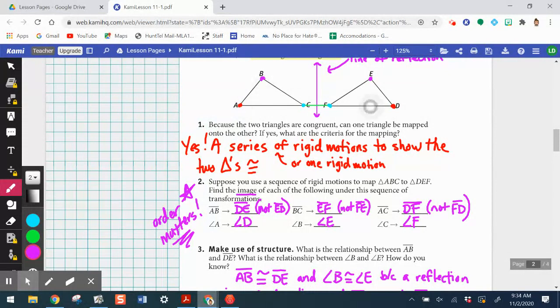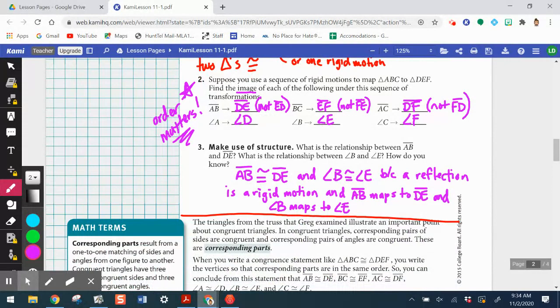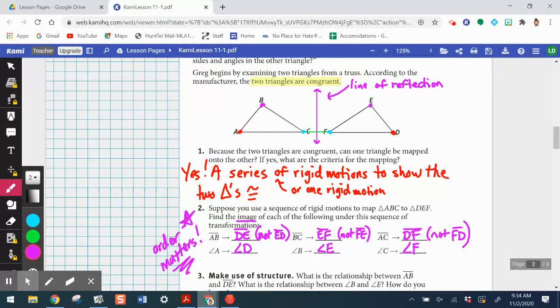So if you notice, I use this color coding hopefully to give you some insight on these images under the transformation. Let's look at item 3. What is the relationship between line segment AB and line segment DE? And what is the relationship between angle B and angle E? Well, knowing that these two triangles are congruent, and if there is a rigid motion that maps triangle ABC onto DEF, then these corresponding parts, line segment AB and line segment DE, have to be congruent, because it is a series of rigid motions, which doesn't change size or shape.